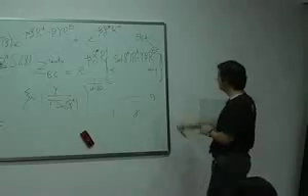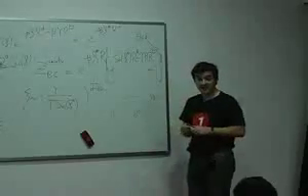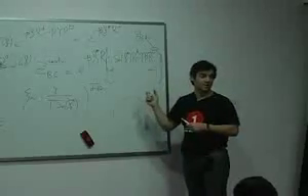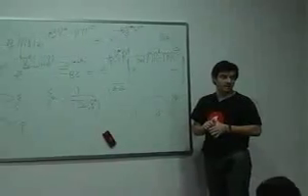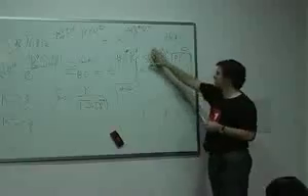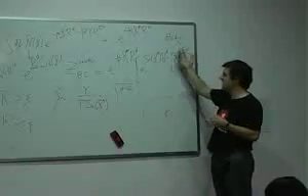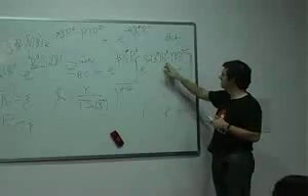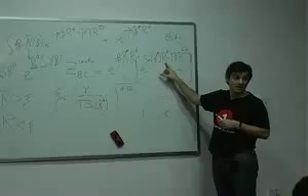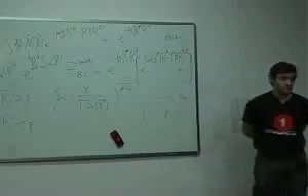You want to find the value of r where this is maximum, and then find the value of psi where the maximum is equal to 0.